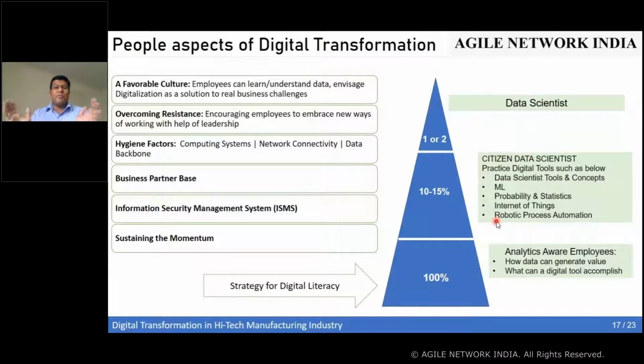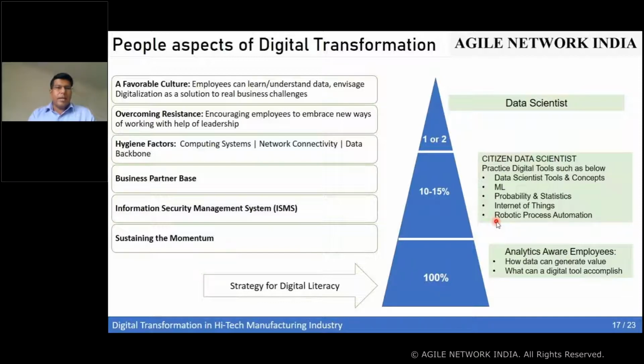This is 10 to 15% of our population, and we have one or two data scientists who do the actual deep insight generation work from the existing data. This pyramid of data literacy came out after a lot of to-and-fro analysis and learnings.